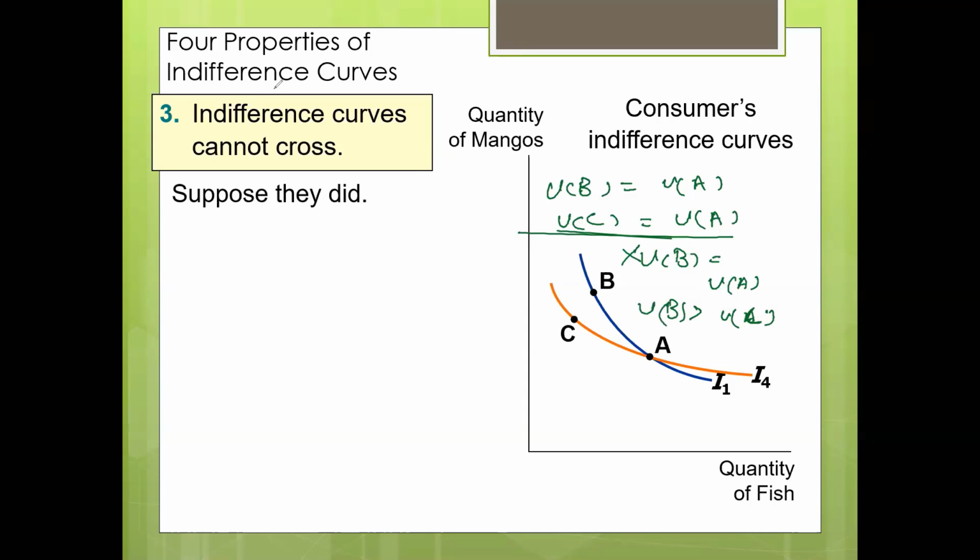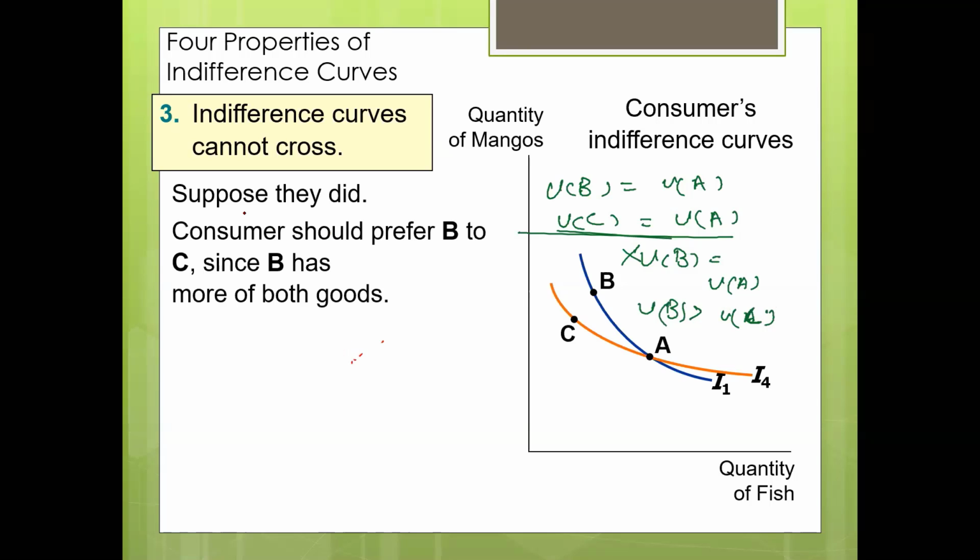Okay, so the same thing is discussed here. The consumer should prefer B to C because B has more goods and B is on the above line, and B has covered more distance.